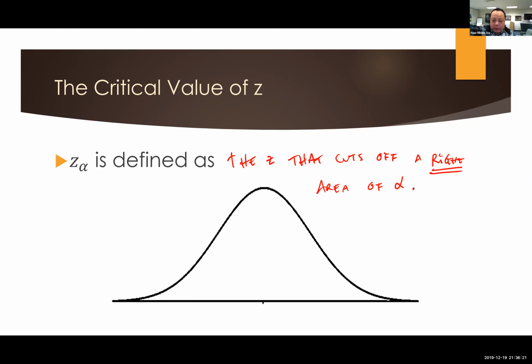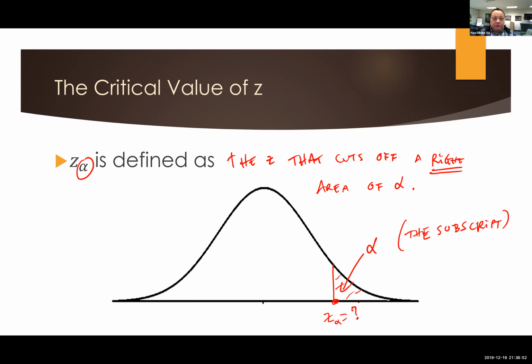Okay, so whatever this subscript is, it defines this area that's on the right. Whatever is in the subscript is this area. And the critical value, z with the subscript alpha, is this question mark.